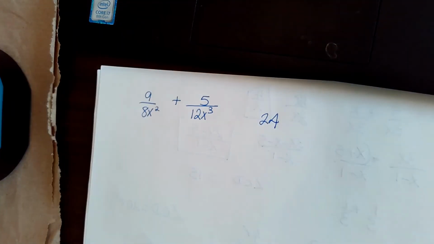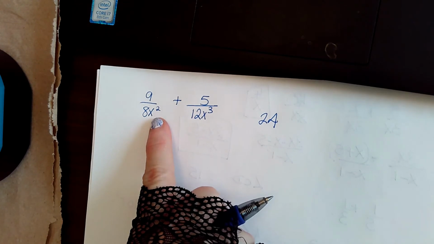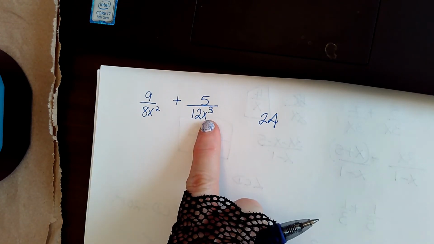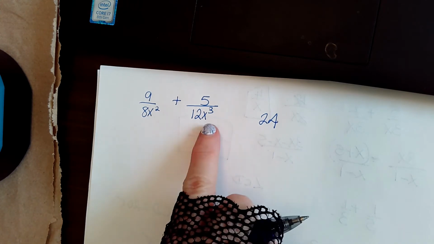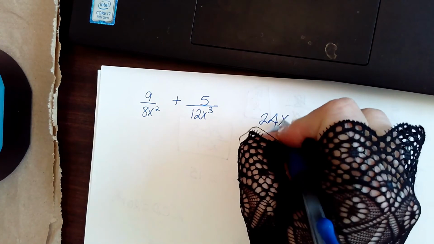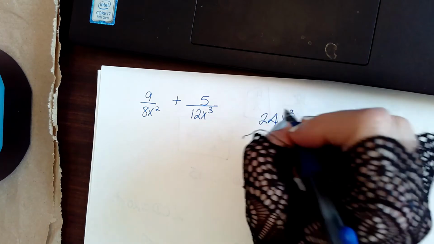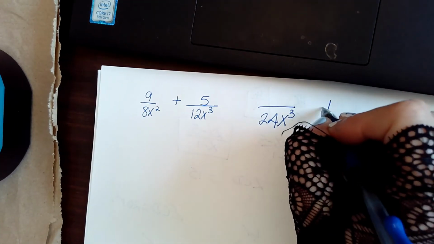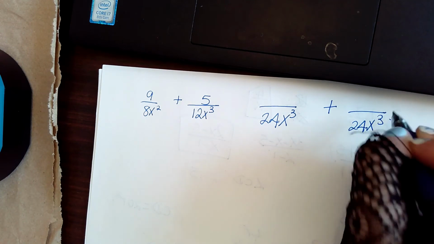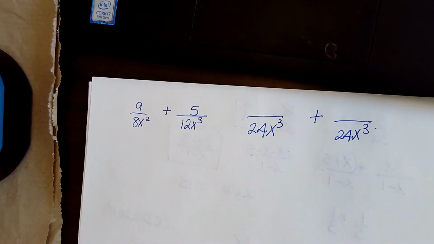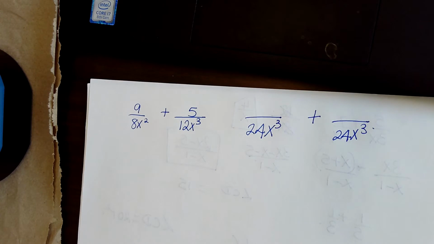All right. Then I've got x to the second power and x to the third power. So I know that x to the third is the biggest one. So I find my LCD. Okay. And right now, I'm going to change both of them. That's how we're going to add them together. So watch how I do it.